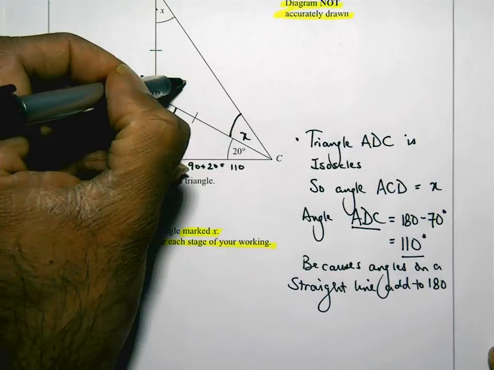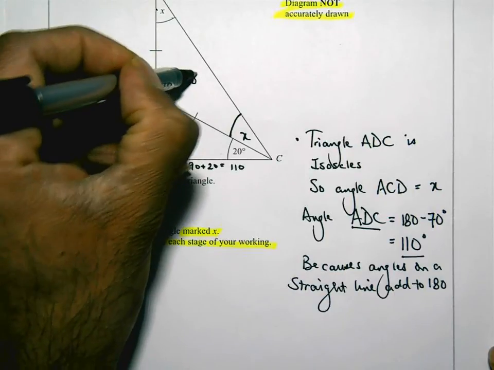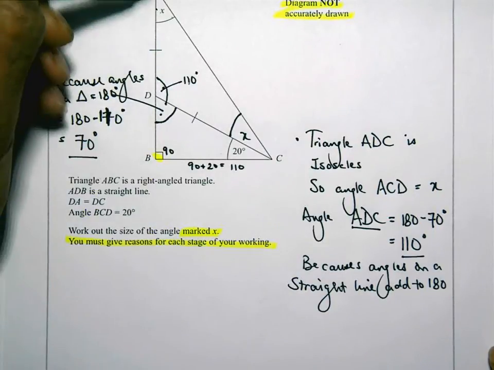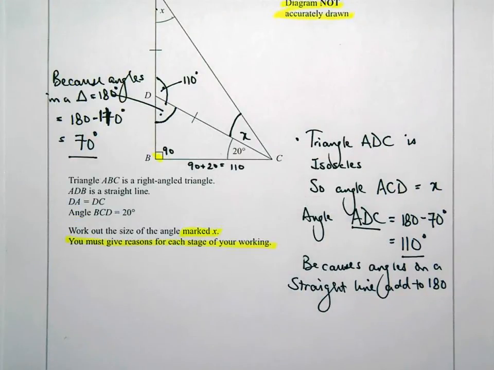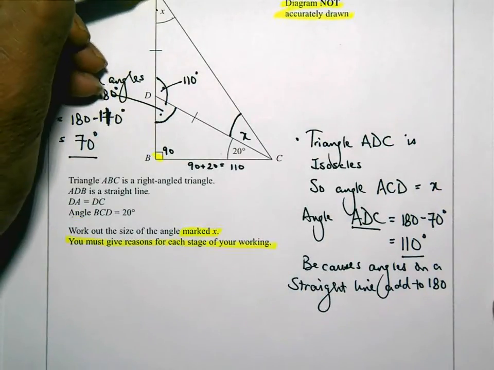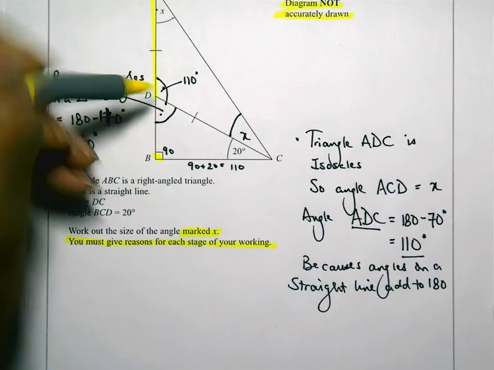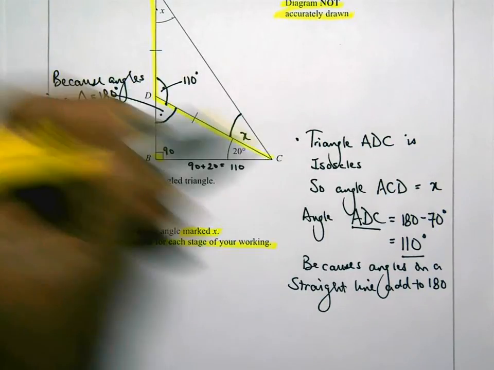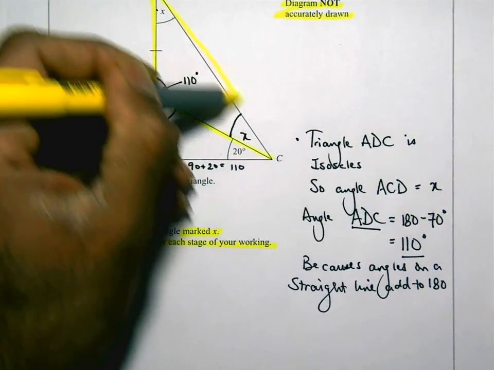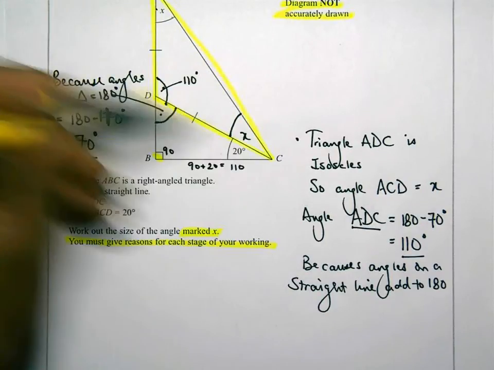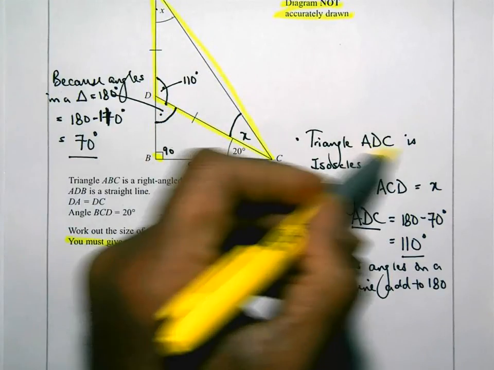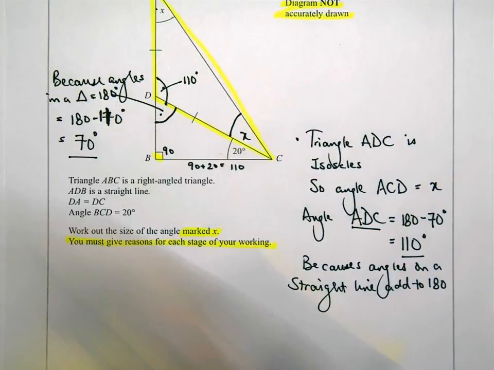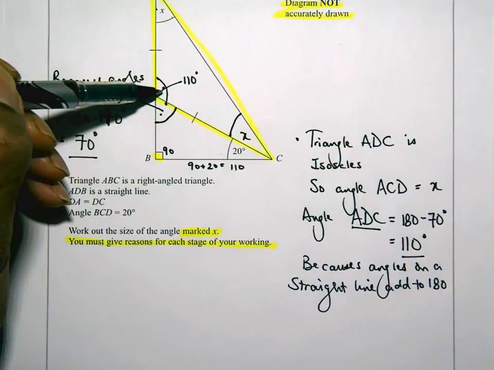So this angle over here is going to be 110 degrees. Now inside of this triangle, I'm going to use the highlighter just to draw attention to exactly which triangle I'm referring to. ADC, this isosceles triangle. Inside of that triangle, I know this angle at this point is 110, but I also know that the other two angles are equal, right?